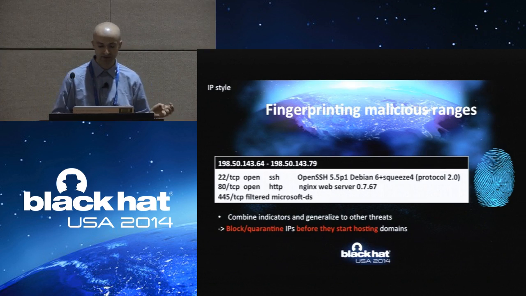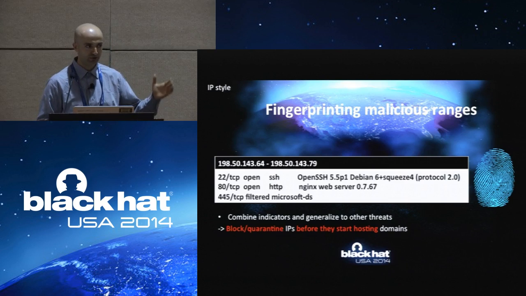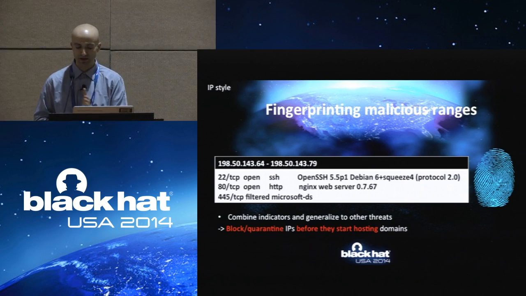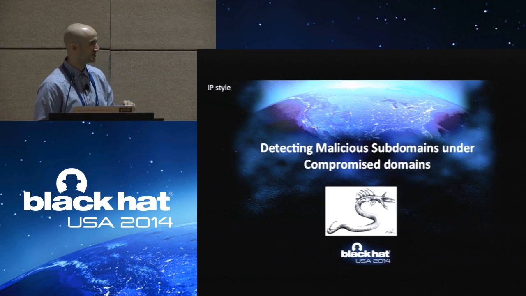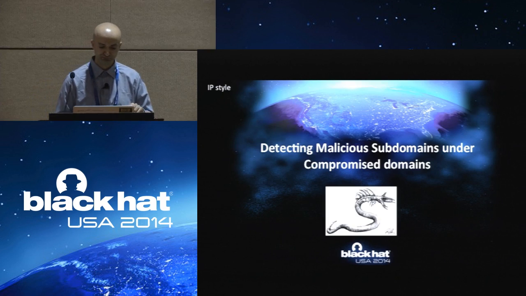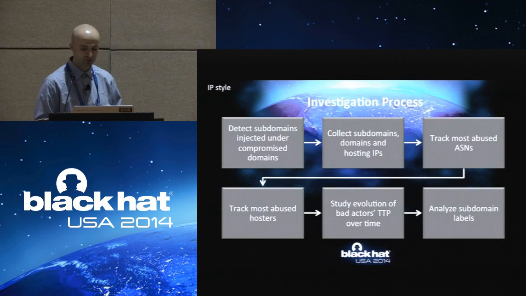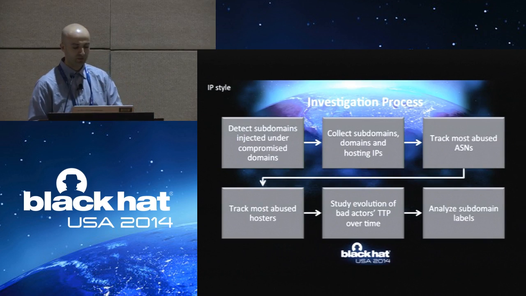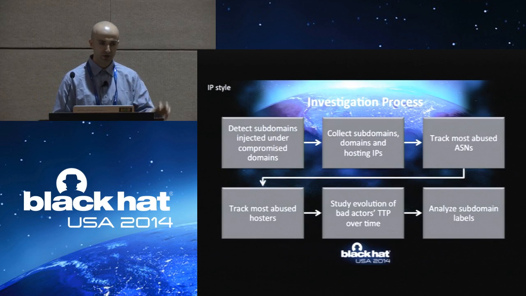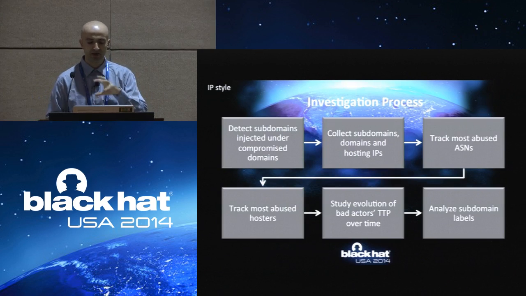Now, doing all of this, as we said earlier, we were able to monitor and watch how the bad actors evolve in their TTPs. So one growing trend we noticed was the injection of malicious subdomains under compromised domains. The investigation process was like this. So we detected these domains, injected under compromised domains, and then we collected the subdomains, the domains, and the IPs.